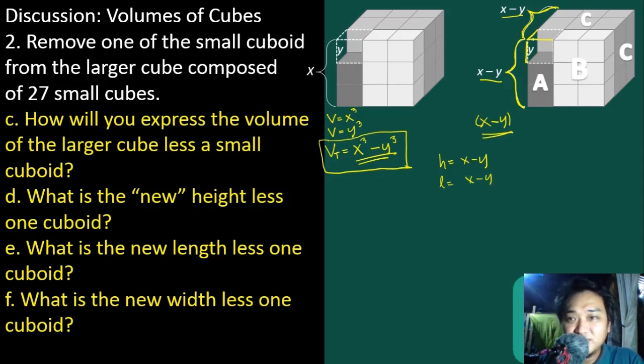And for this corner alone, let's say it pertains to the width, that is also x minus y. Yung dun banda sa may binawasang cuboid. So let us take note of these concepts na nabawasan yung length, width, and height ng y.